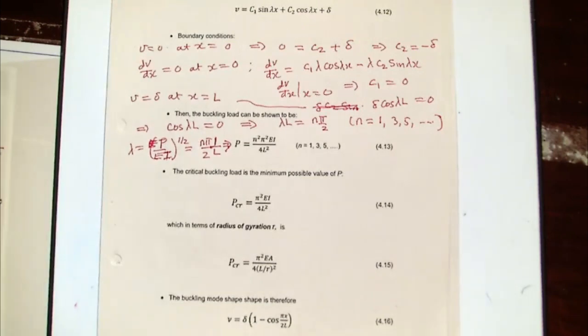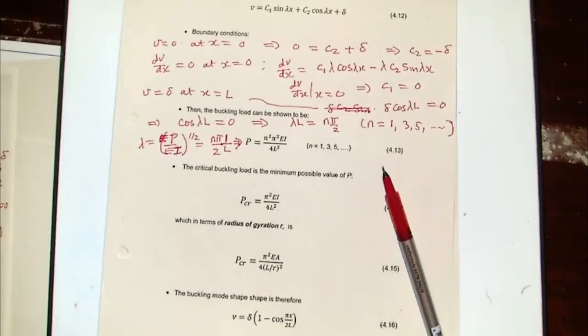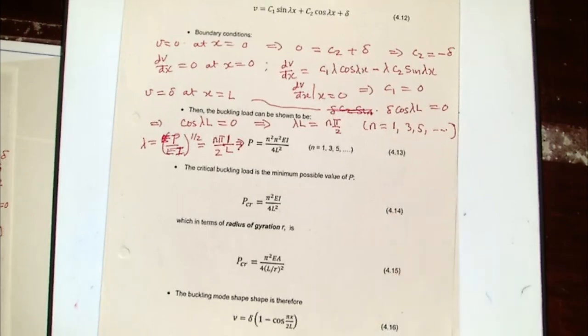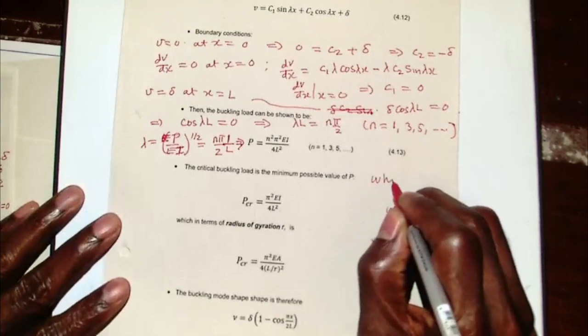So we've already derived that. The solution we obtained, the one which I've given in 4.13, has different modes. So when n is 1, and n is 3, and n is 5, because the load will slowly increase from 0 to a particular critical value. So failure will occur at the minimum possible value of P, and that is when n equals 1.